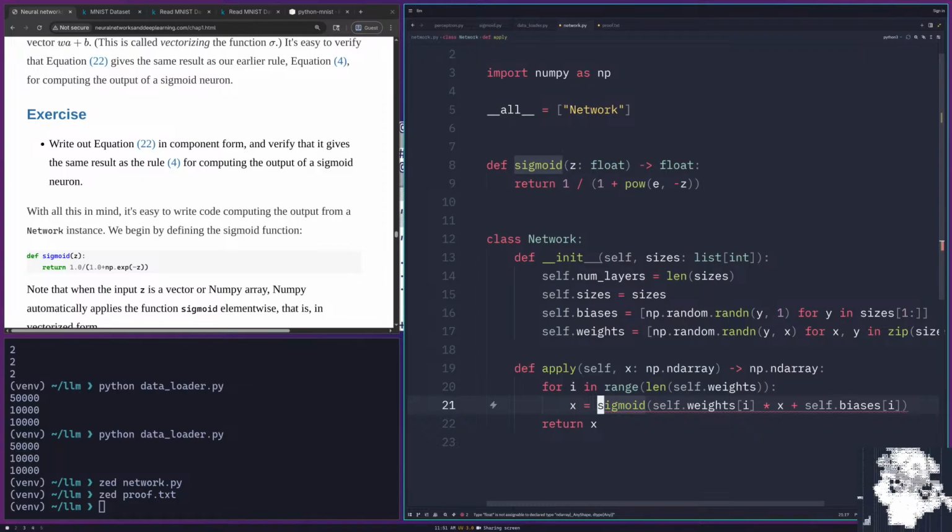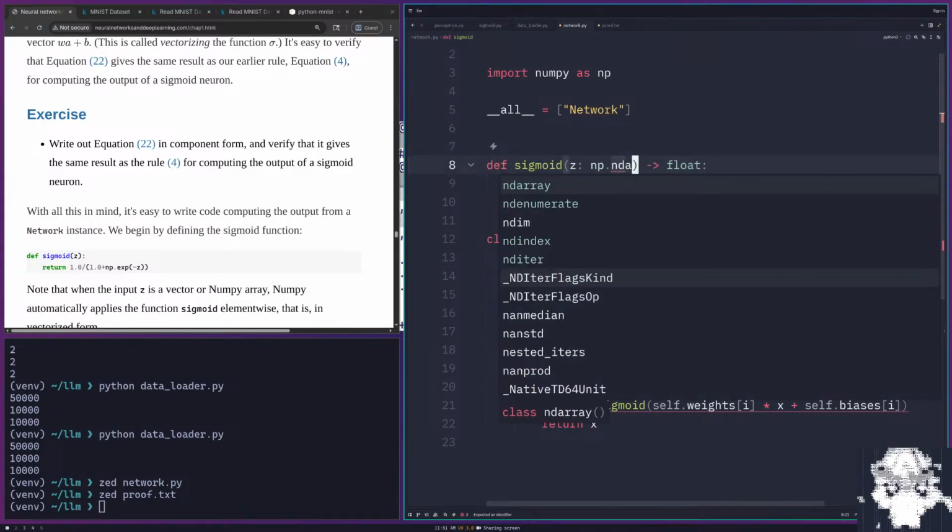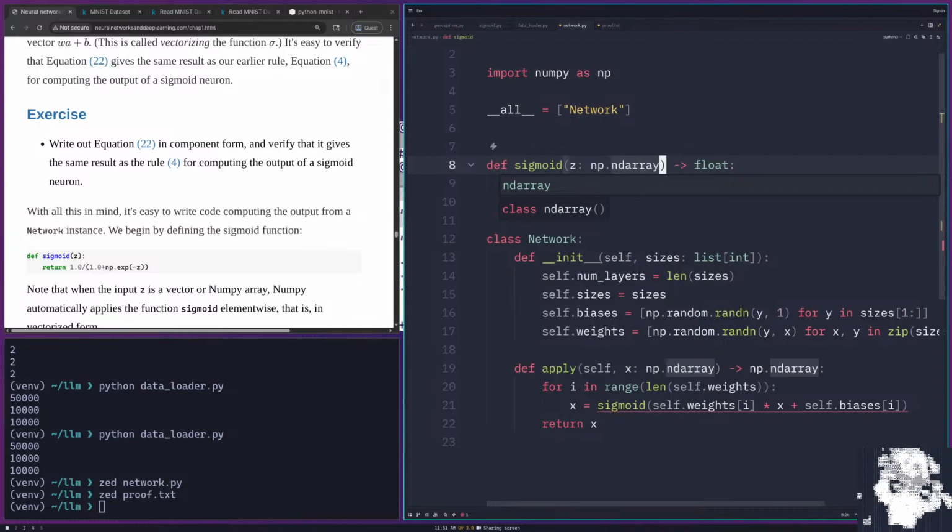Now this sigmoid wants to act on a float, but I want it to act on a vector. So I wonder if I can just do power of a vector and NumPy will understand what to do.